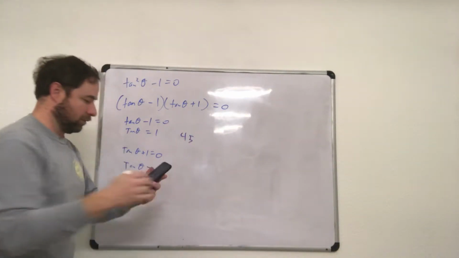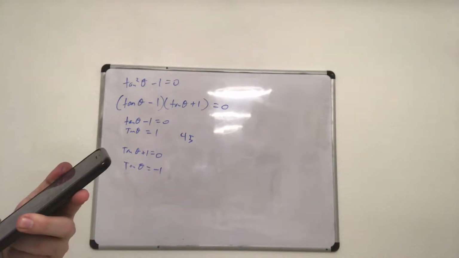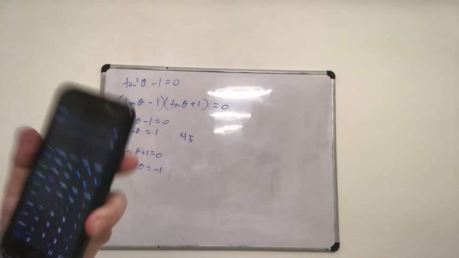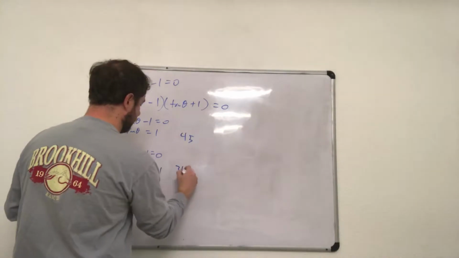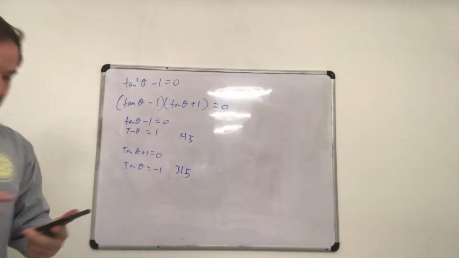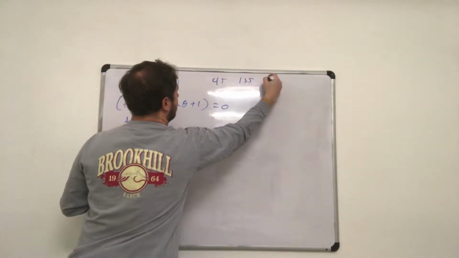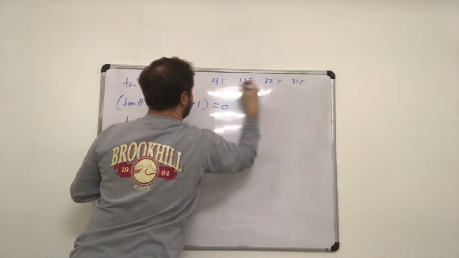Go ahead and do the other one. So you go second function, tan to the negative 1, negative 1 in there. And when you do that, you get negative 45 or 315. Remember, there's always 2. And so since we're in the 45 family, you know it's 45, 135, 225, and 315.